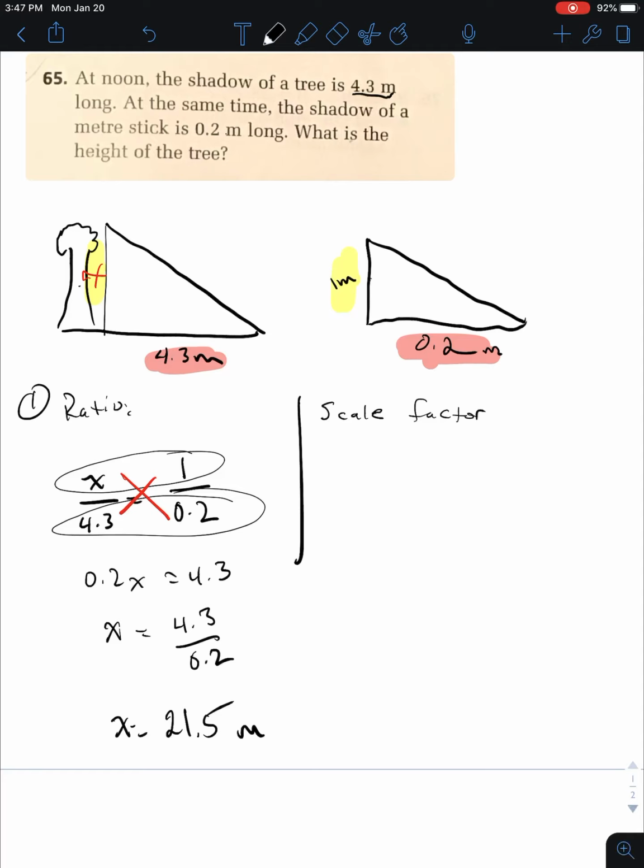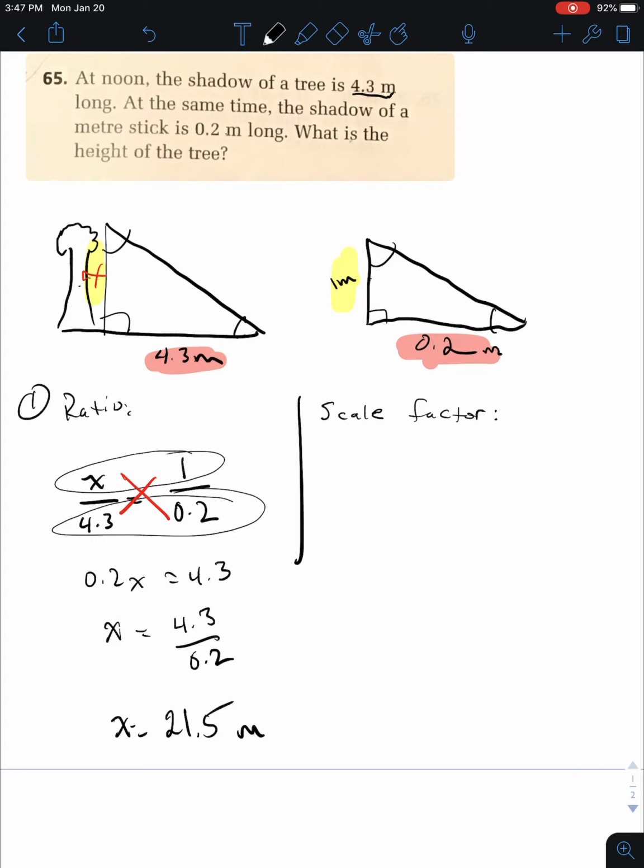So in this instance, if these things are truly similar, which I think the question is setting you up to use similar triangles, then each of the angles should match up, right? If we're going to find the scale factor, you want to find how many times bigger the one on the left is than the one on the right.